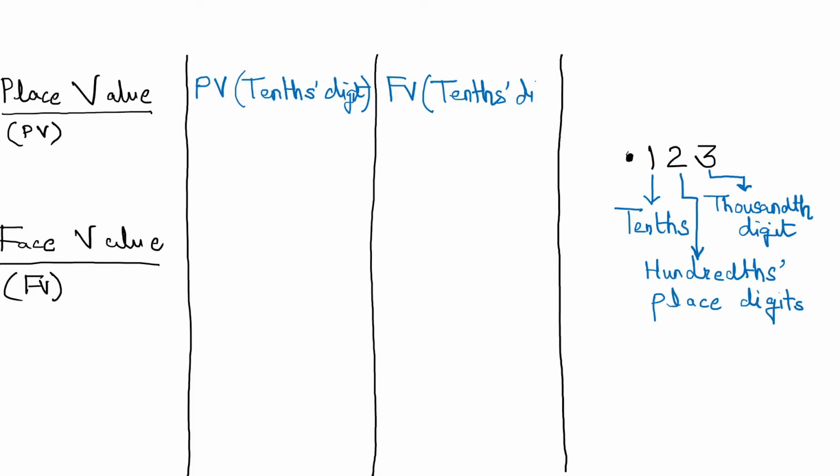Similarly, the second digit that we have taken after the decimal point, we call it the hundredths placed digit. And the third digit that we have taken after the decimal point here, we call it the thousandths digit.